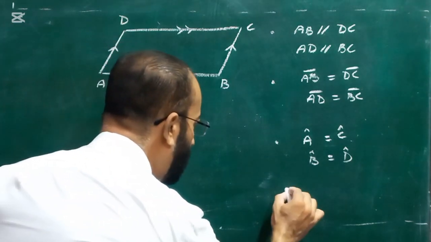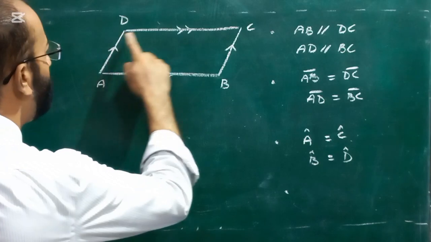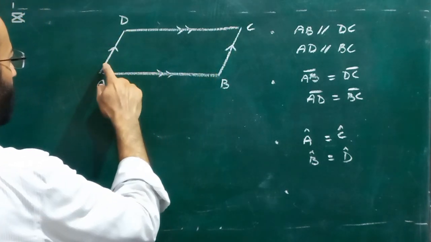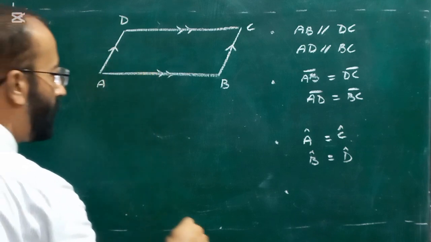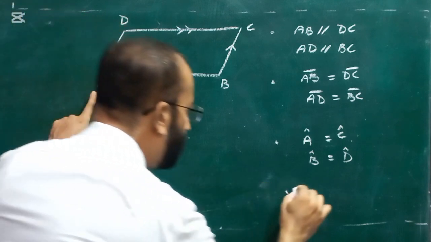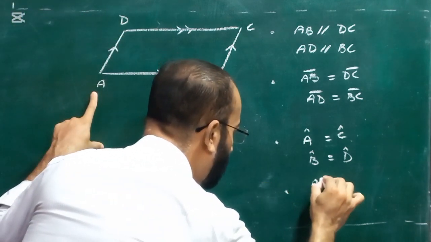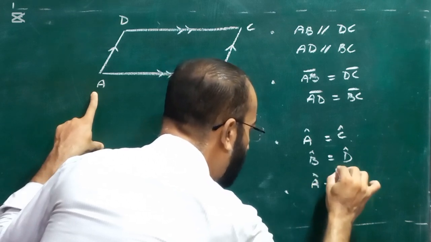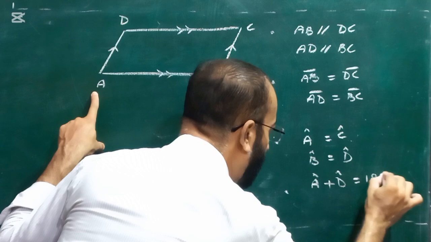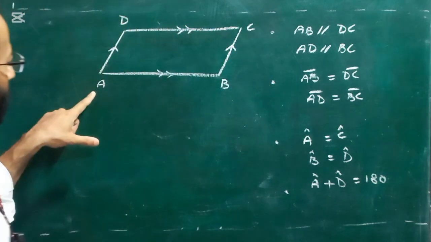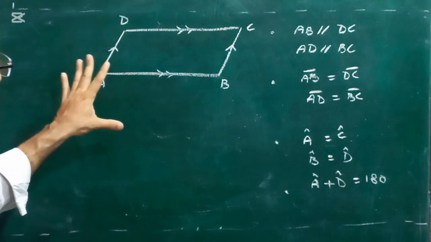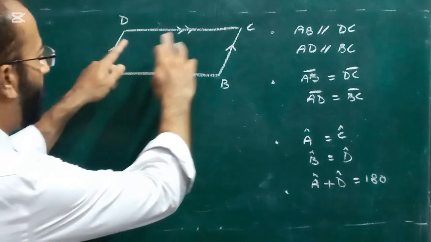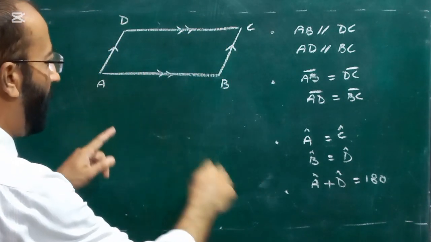Next property is because two are parallel lines, this angle plus this angle will make the inner angles. So it means angle A plus angle D is equal to 180 degrees. So in a parallelogram, the sum of the angles on a straight line inside the parallelogram makes 180 degrees.